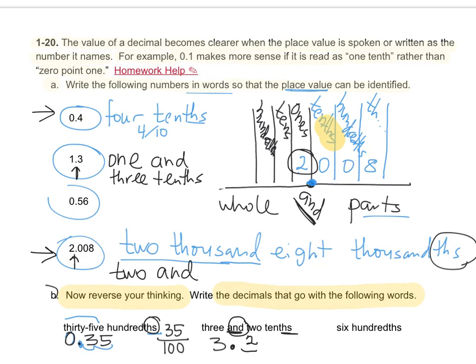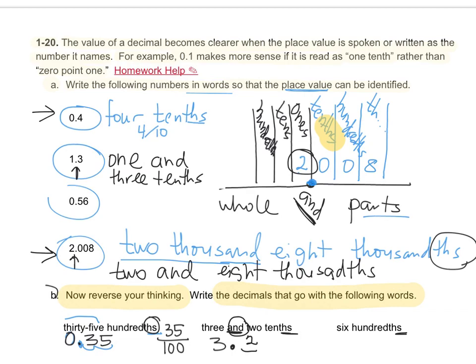So this is actually a bit easier to say. So 2 and 8 thousandths. It's just which number are you going to say and how. It's based on the place value chart. So either or.